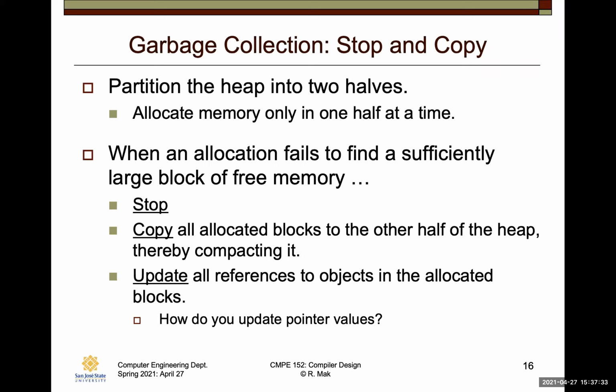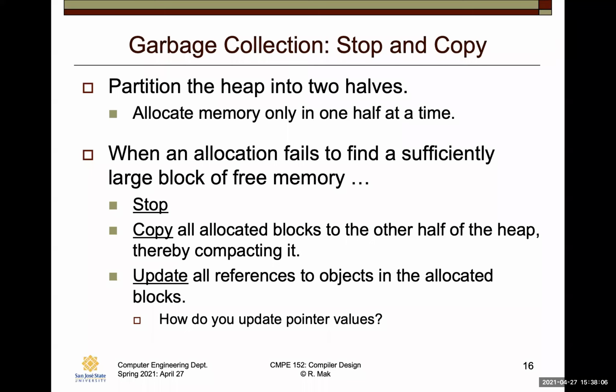Okay, here's one that's called stop and copy. Well, it's a very descriptive name. That's what happens at runtime, okay? So here, the heap is partitioned into two halves. And at any one time during runtime, you're only using one half of the heap, because that means whenever you're allocating a new object, it's only going into one half of the heap.